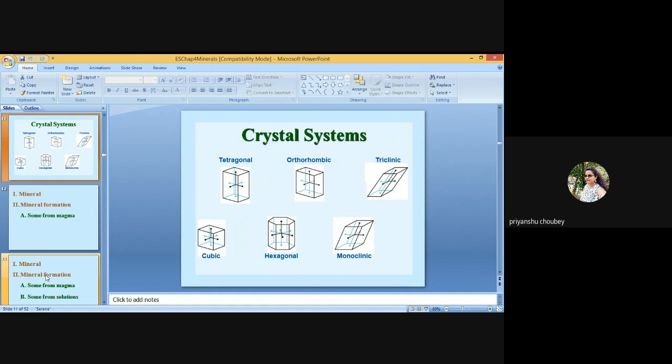For anions, 6 OH is minus 6, and 4 oxygen plus 2 OH is minus 2 into 4 and minus 1 into 2, minus 10, and 6 oxygen is minus 2 into 6, minus 12. So total cations are 28 and total anions are minus 28. So the net charge is zero and thus the structure is neutral.